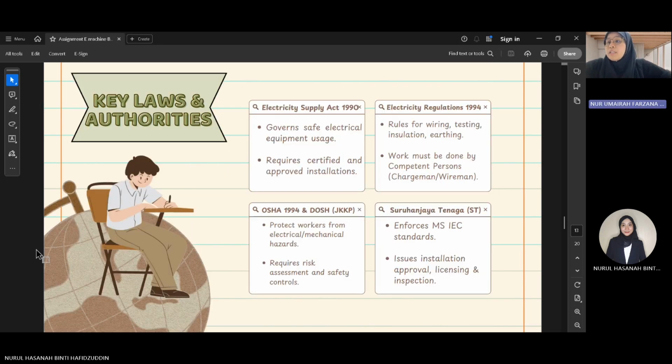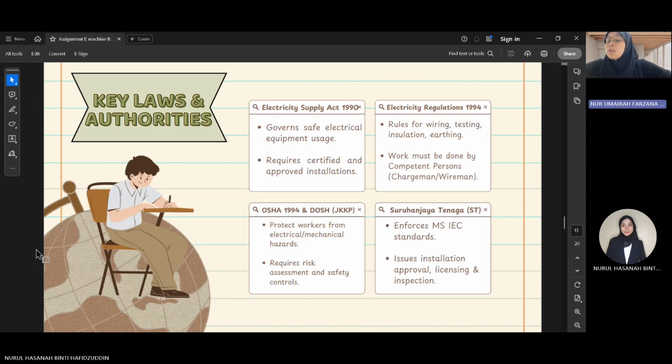Laws and authorities. In Malaysia, several laws and authorities regulate electrical machine operation. The Electricity Supply Act 1990 ensures that all electrical equipment is safely installed and approved. The Electricity Regulations 1994 cover wiring, testing, installation, and earthing, and require work to be done by competent persons such as chargeman or wireman.